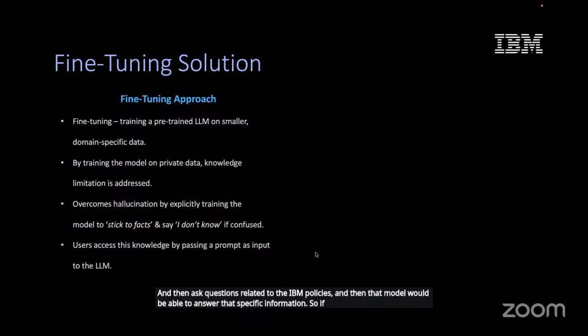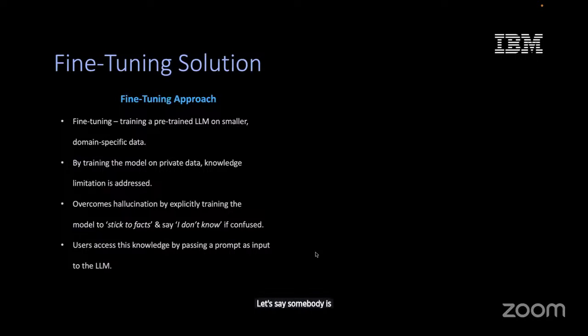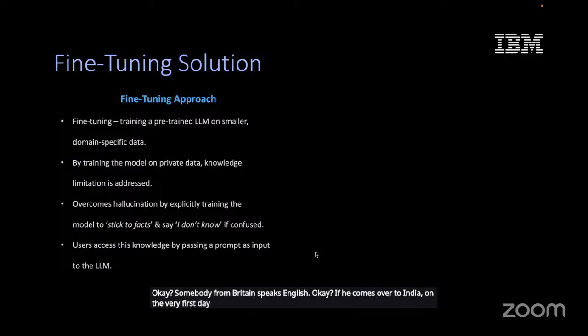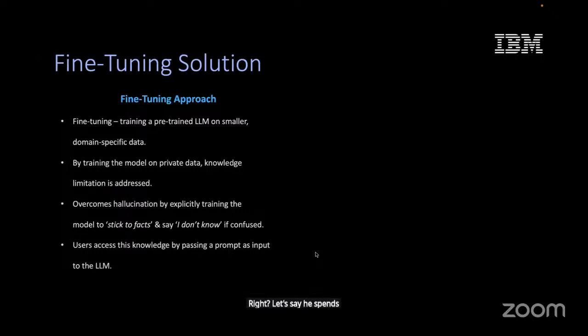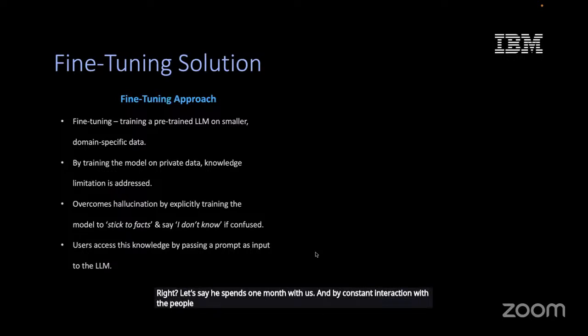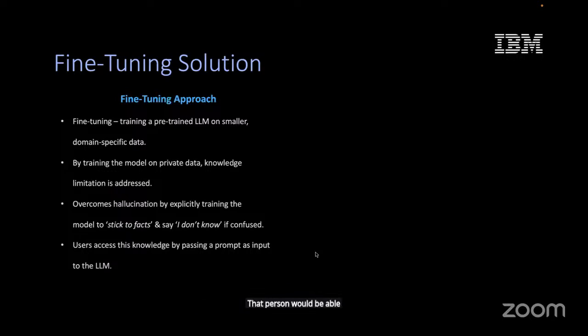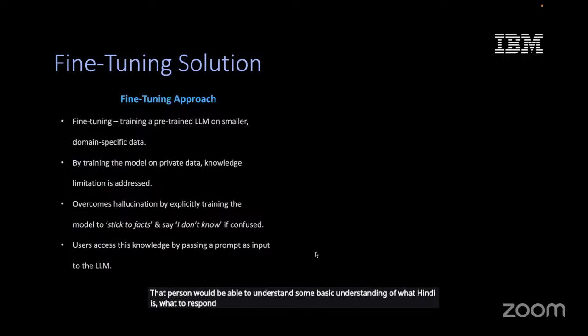So if I were to give you a layman understanding, let's say somebody speaks English as the language. Okay, somebody from Britain speaks English. If he comes over to India, on the very first day, he would not be able to either understand or speak Hindi, right? Let's say he spends 1 month with us, and by constant interaction with the people in India, that person would be able to understand some basic Hindi, what to respond, and how to understand Hindi, right?